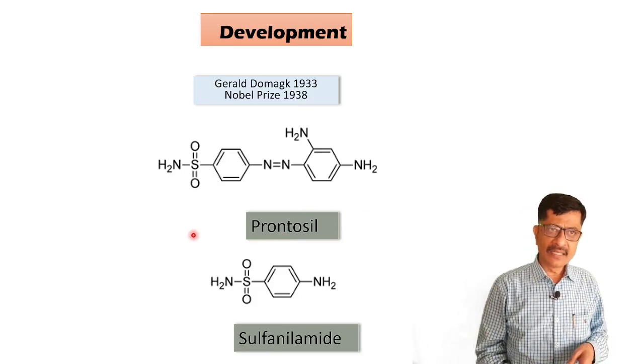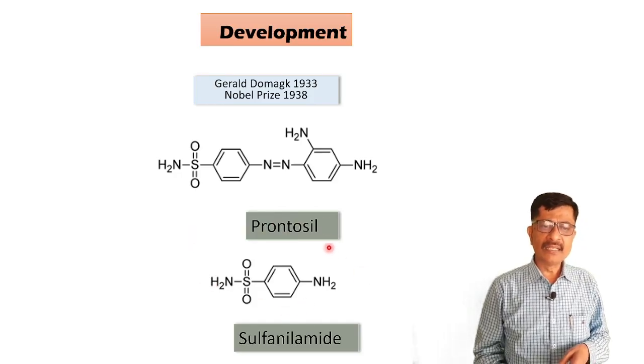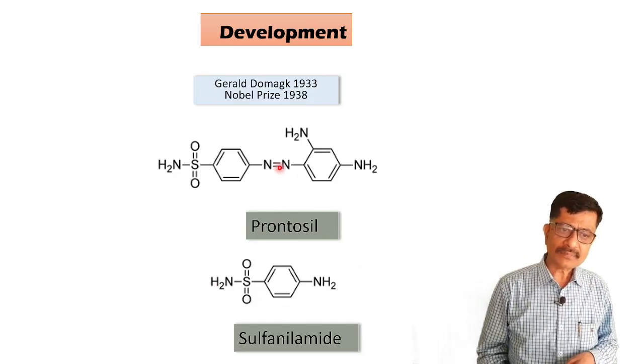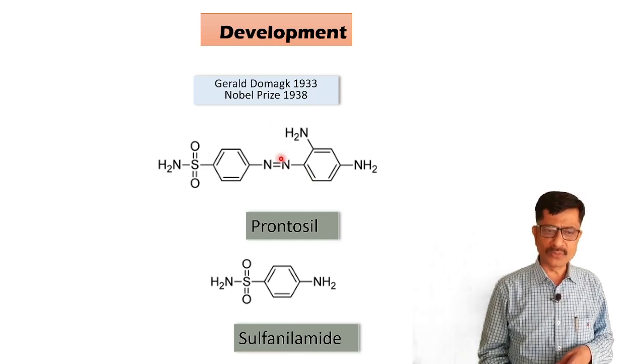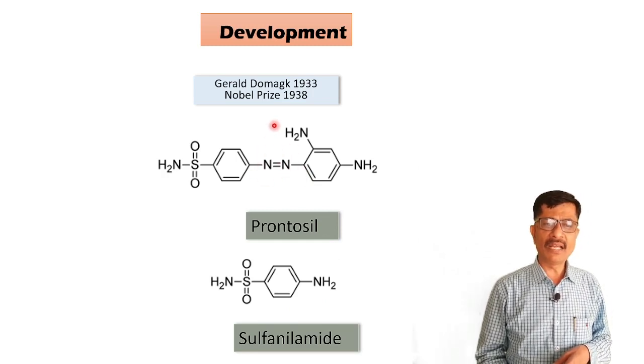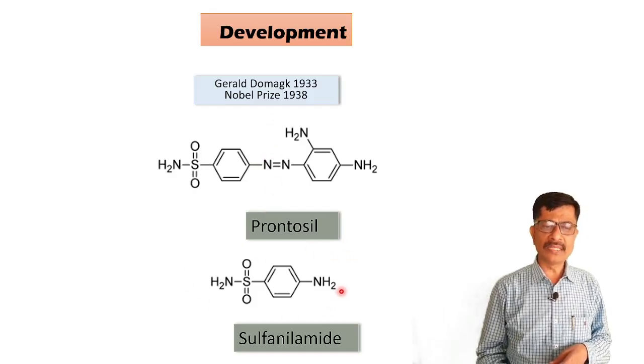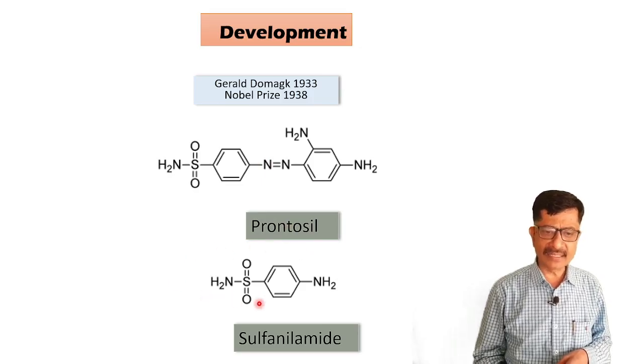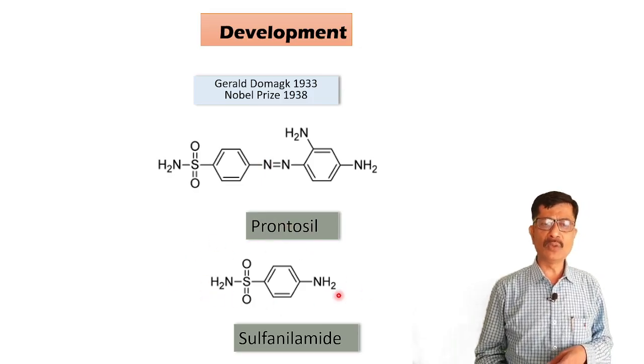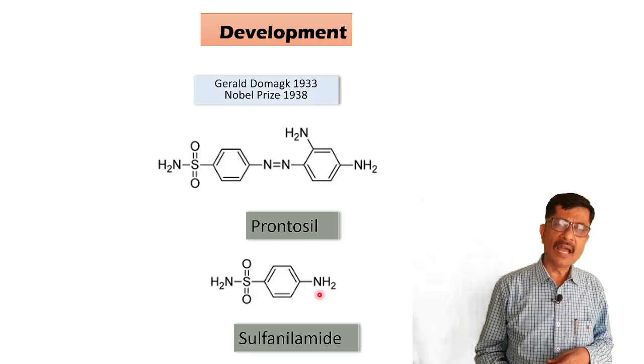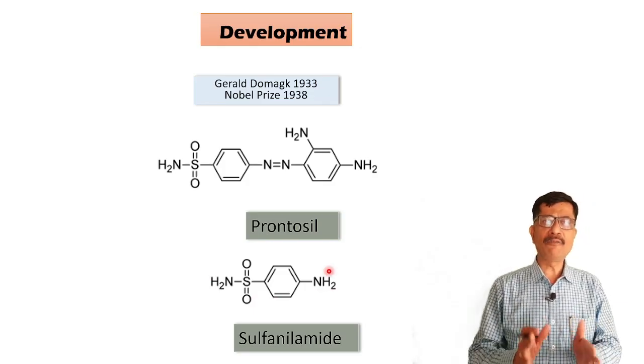He found that in the body, prontosil breaks down at this azo linkage and forms a compound, sulfanilamide. This compound is formed in vivo, and it has the antibacterial effect.